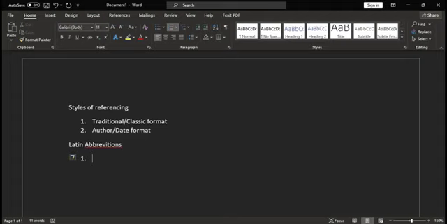The first one we have is ibid, ibidem, to denote same place as a previously cited work. The second one is op. cit.